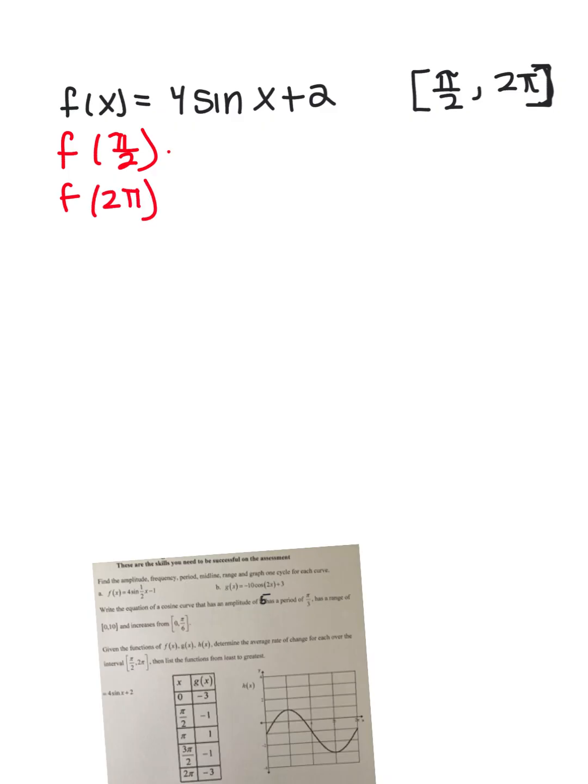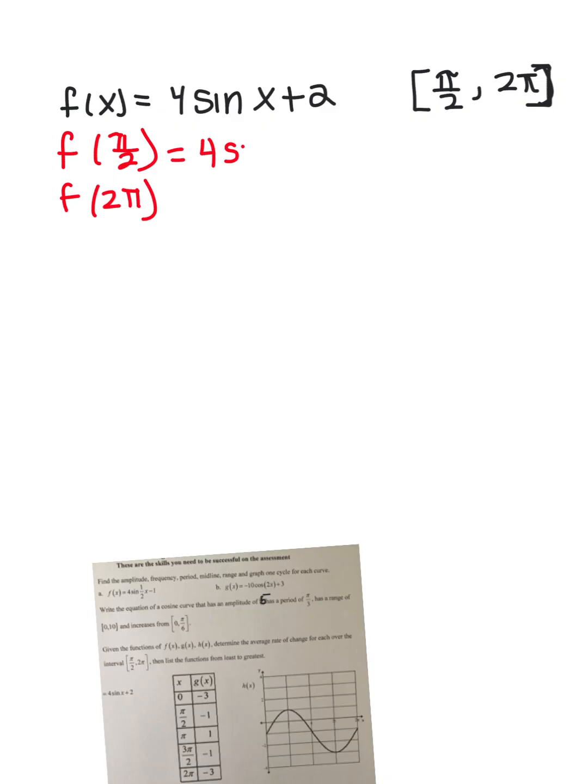And this is the interval, from pi over 2 to 2 pi. So you're going to plug in. You're going to do f of pi over 2 because you need your y values. Remember, these are your x values. Then you're going to do f of 2 pi. Make sure you calculate it in radians.